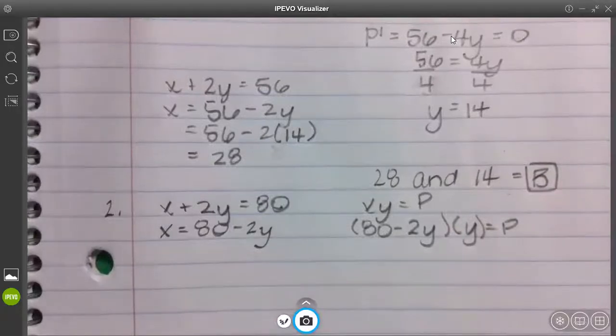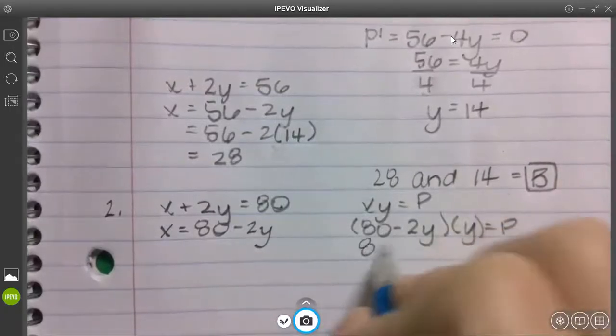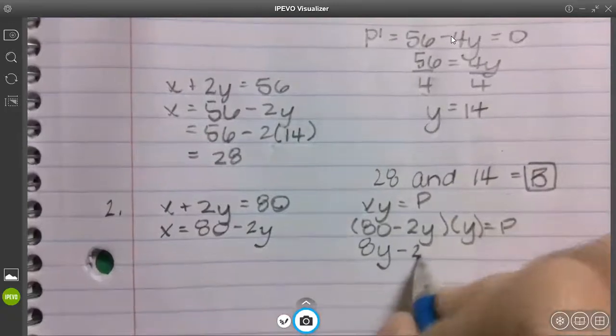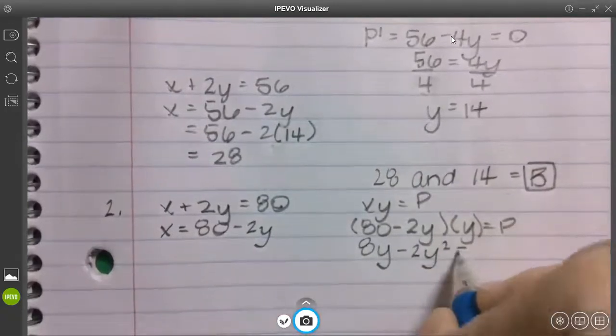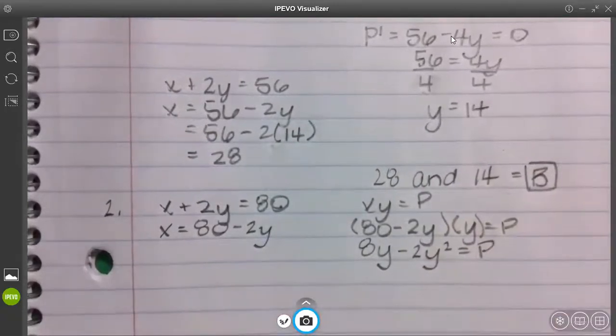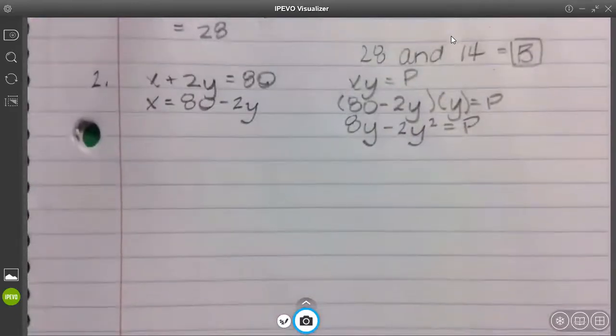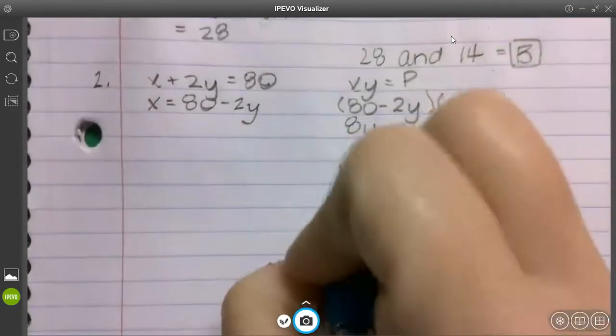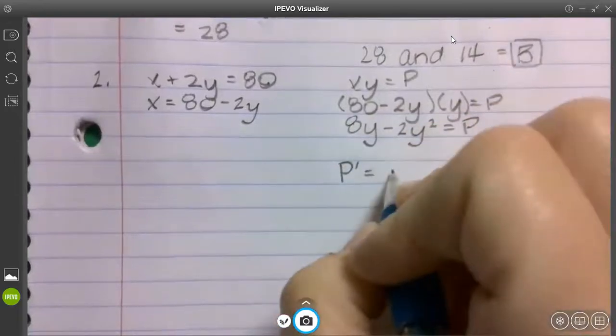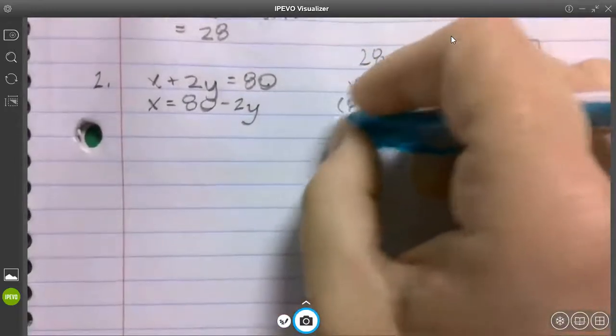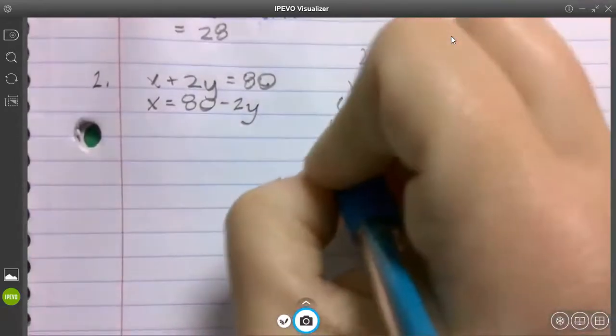We're going to distribute that out and get 80y minus 2y squared equals your product. Once we get it in terms of the same variable, we take the derivative. Sorry, this should be 80.